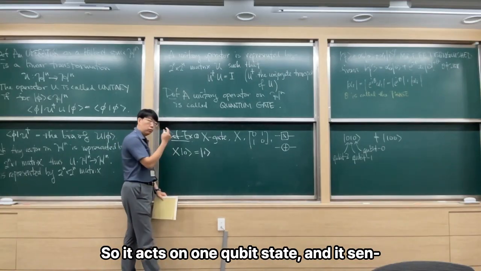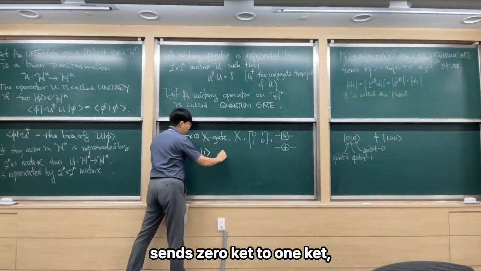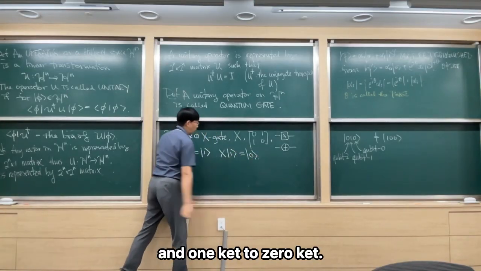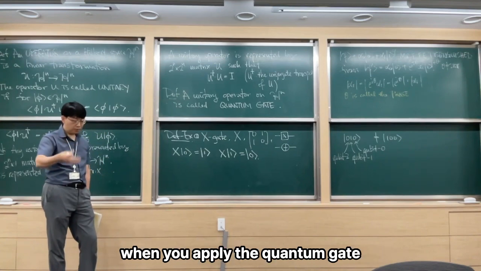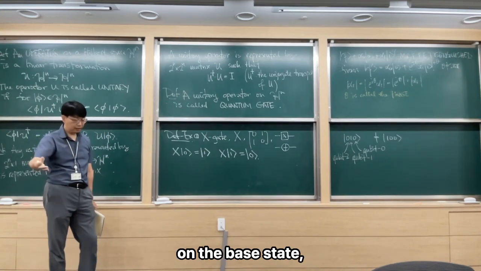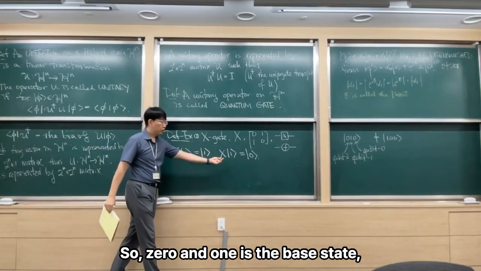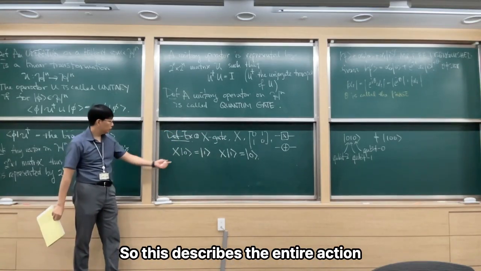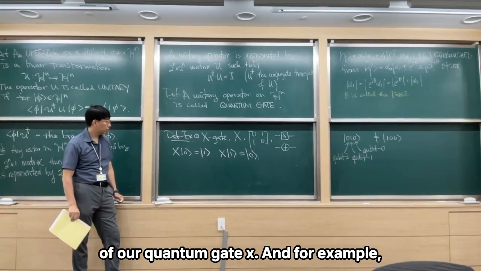It acts on a 1 qubit state, and it sends 0 ket to 1 ket, and 1 ket to 0 ket. As long as you find out what happens when you apply the quantum gate on the basis states, you figure out everything. 0 and 1 are the basis of the Hilbert space H1. So this describes the entire action of our quantum gate X.